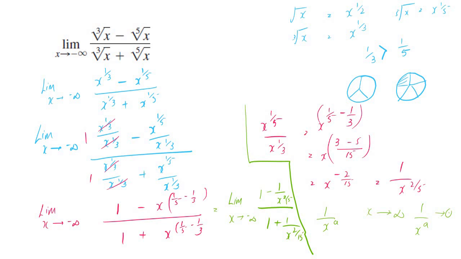Sorry, not 5, this is 15. Right? So when you do that, we know as x tends to plus or minus infinity, this goes to 0. So we are left with 1 over 1, which is 1. Okay? Let's do the next, something very similar again.